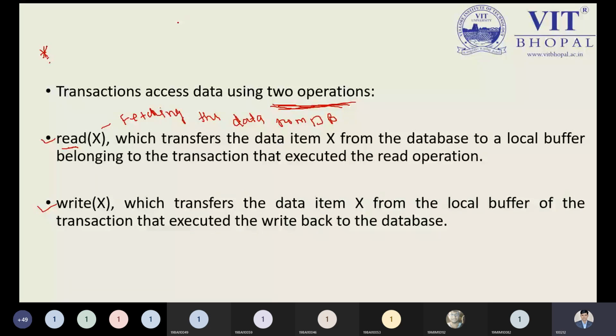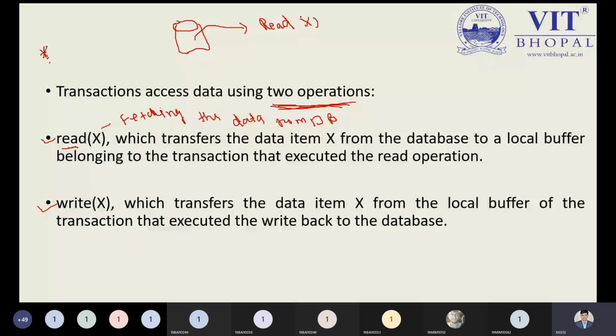Just like this one, if I have a database over here and the information is coming from the database, I perform the read operation, and this X belongs to the data item.